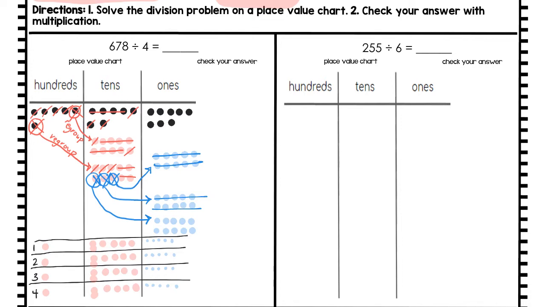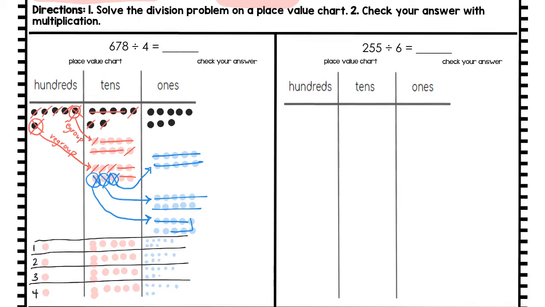Okay, I still have plenty left, so I can now take groups of 4 and divide them into 4 groups. 1, 2, 3, 4. There I've used 4. There, I've used 4 more.